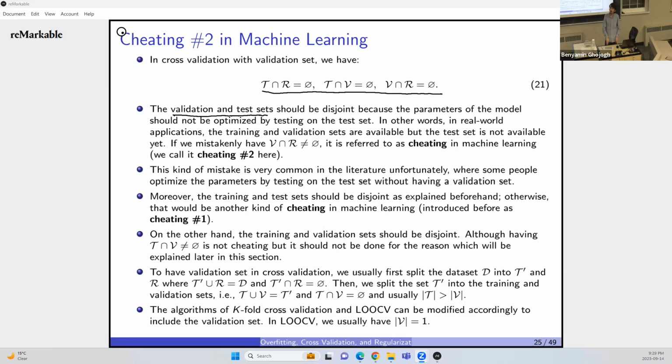What should you do? Even if you don't want to do cross-validation for deep learning, that's fine. But you can still avoid cheating. How? Split your data into train, val, and test, and do one fold. Only train once with several hyperparameter values, with several learning rates, but do not evaluate on the test set. Evaluate on the validation set and see the results. Okay, the minimum validation error, that's good.